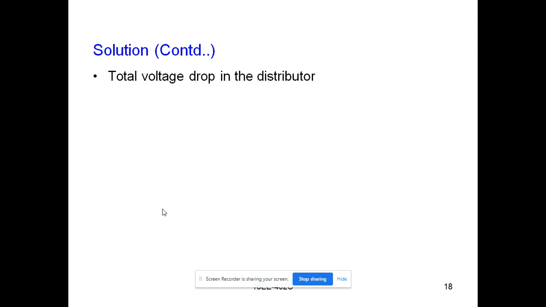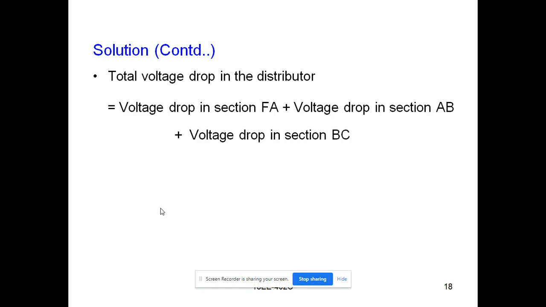Now to find the total voltage drop, we have to add all three voltage drops. That is, the voltage drop in section FA plus the voltage drop in section AB plus the voltage drop in section BC.